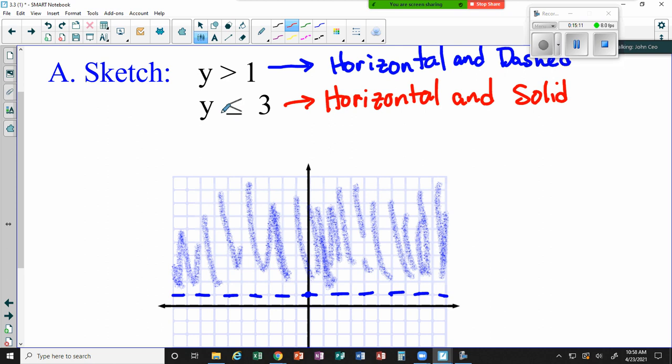This equal to makes it solid. So I'm going to go up to say, well, where is y equal to 3? Y is 3 here. Okay, and it's going to be everywhere along that horizontal line because there is no x. So y is always 3 everywhere along here, right? It's a solid line.